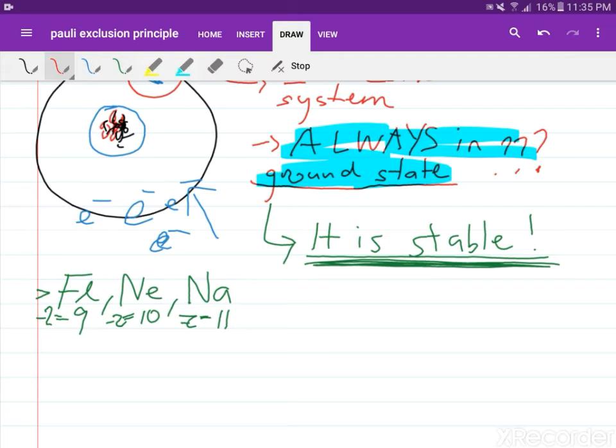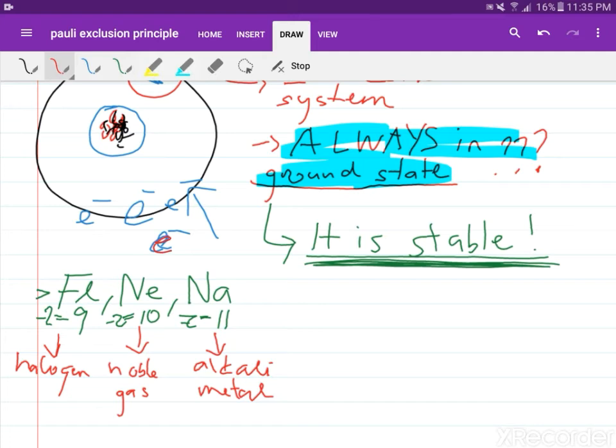For example, fluorine is a halogen. Neon is a noble gas. Sodium is an alkali metal. All of these differences are due to just the addition of one electron.